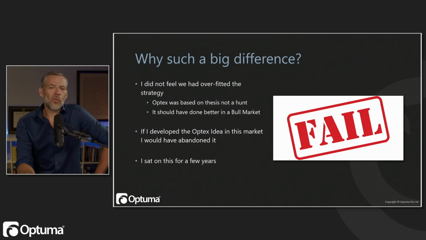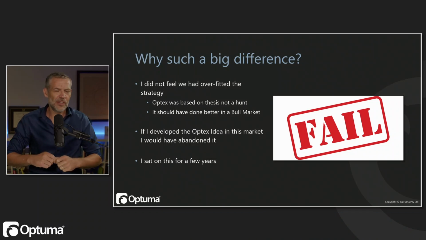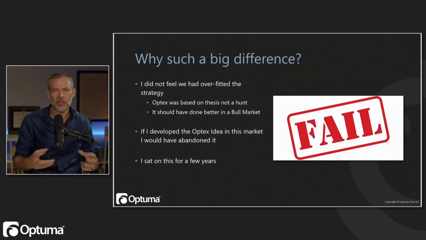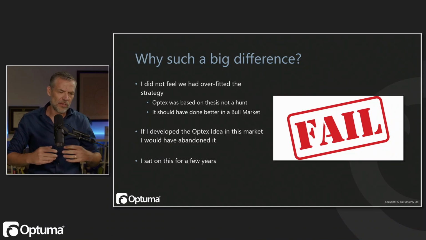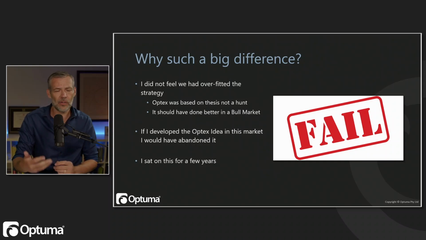So we looked at this, and I really had to say, when we developed this tool, we weren't overfitting. We weren't going through and tweaking the parameters and finding the best set of parameters that would give us the best results. We developed a thesis, and this is the way that I would say anyone should approach creating a new indicator or a new idea, trading strategy.